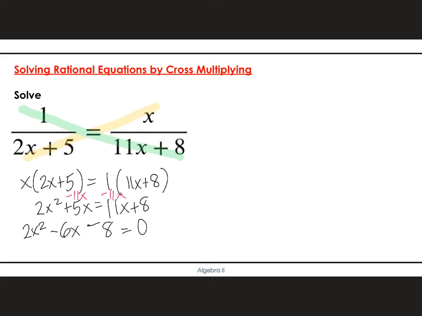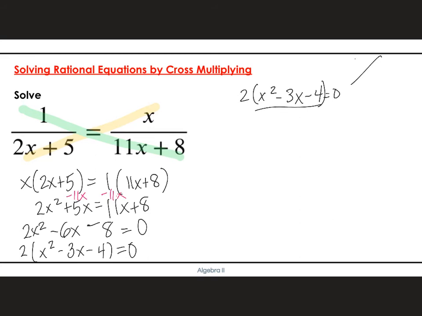Okay. So now I notice that this is factorable by 2. So I'm going to factor out a 2. I have x squared minus 3x minus 4 is equal to 0. Now I need to factor here. So I need to know what multiplies to give me negative 4 and adds to give me negative 3.